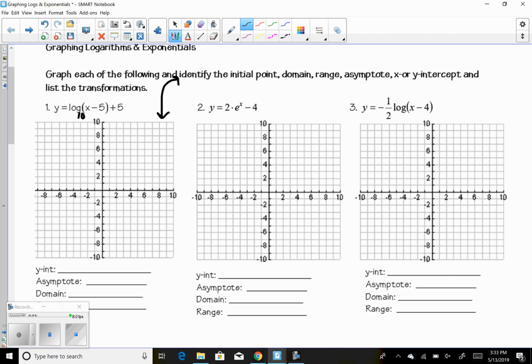So what do I need to know? For the asymptote for logarithms, you look at the inside, which says x minus 5. When you solve that, you get x equals 5. So you have a vertical asymptote at 5.